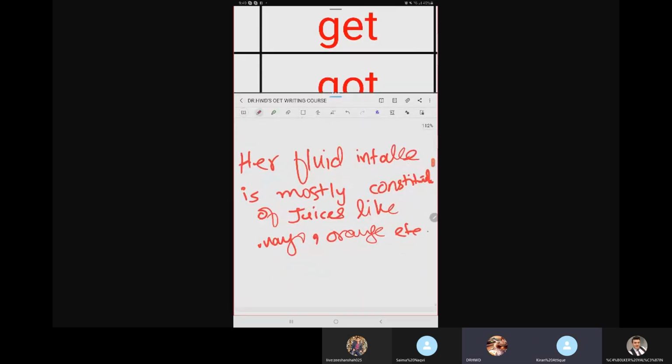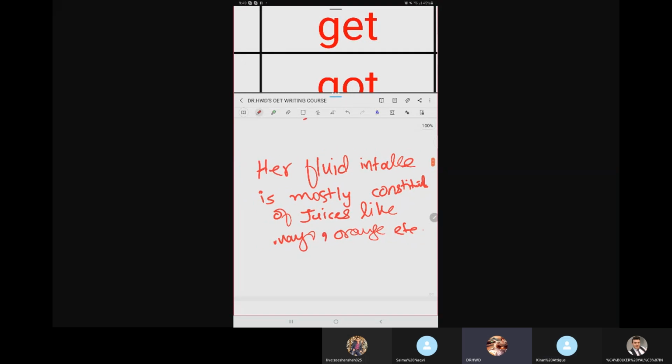Her fluid intake is mostly constituted of juices like mango, orange, etc. Just think of it as the list going on. This is not wrong, but something in the sentence is wrong.